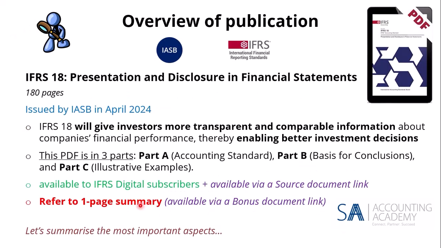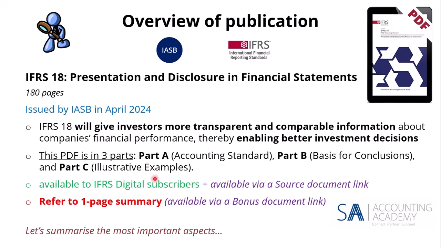The publication itself is 180 pages long. If you go to the website, you'll find this. This is what the document looks like. And the PDF format has a huge PDF sticker with this dark black line on. This is the one that is available to your IFRS digital subscribers. In the old days, we had eIFRS.